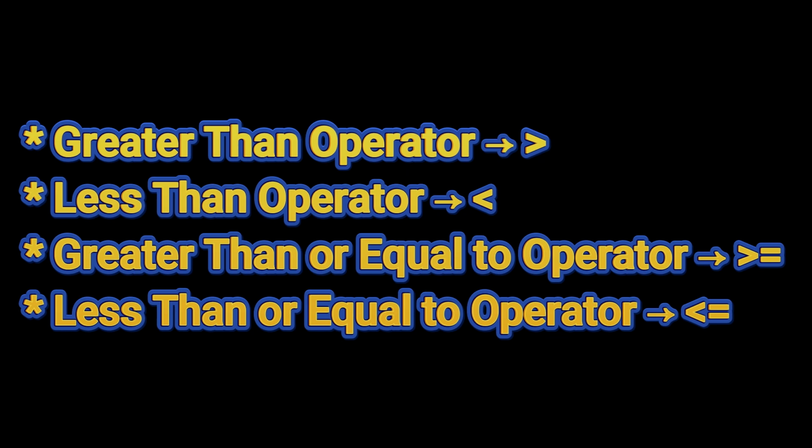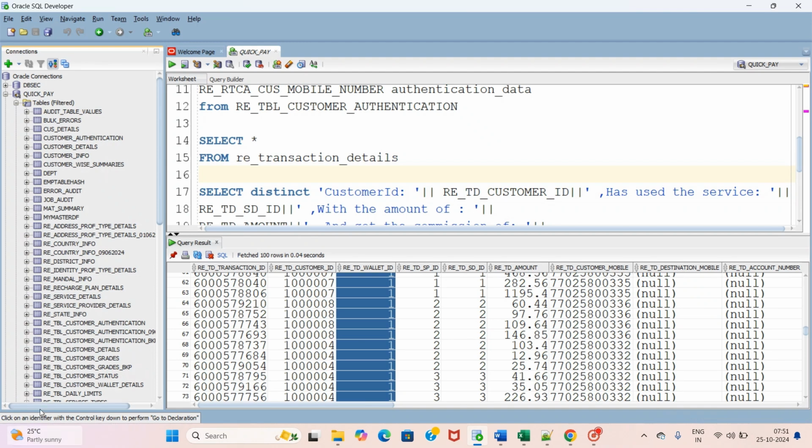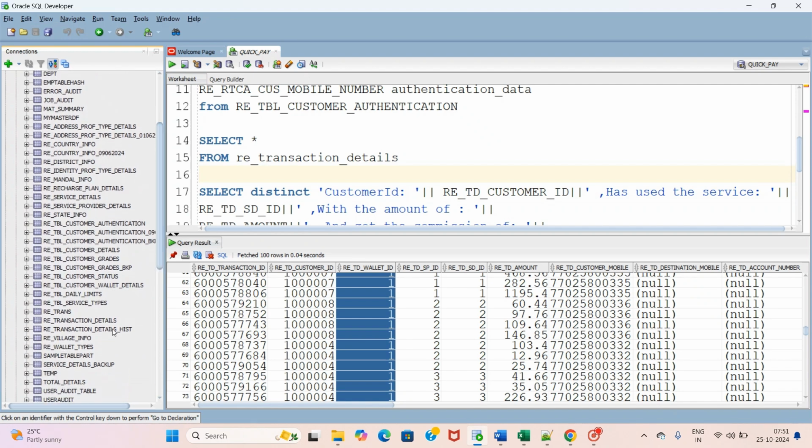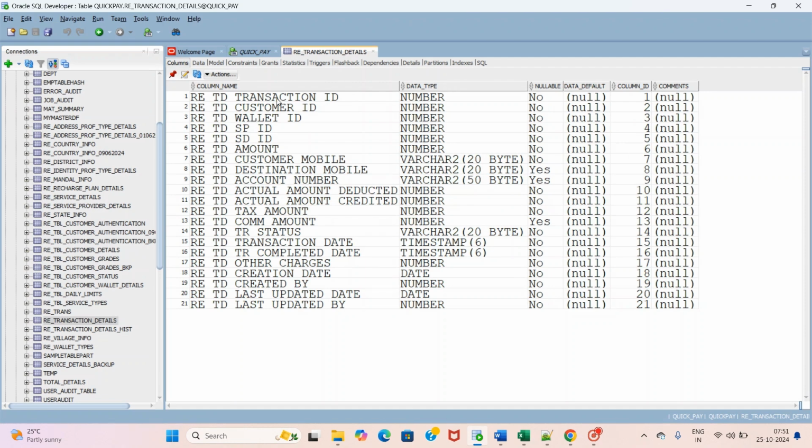So coming to our transaction table. The first column is the transaction ID column.